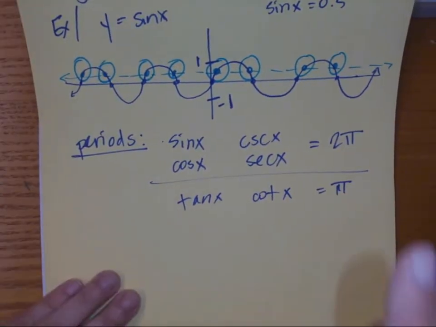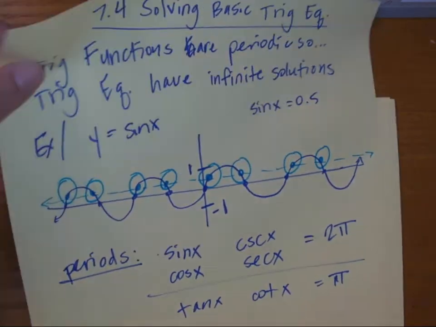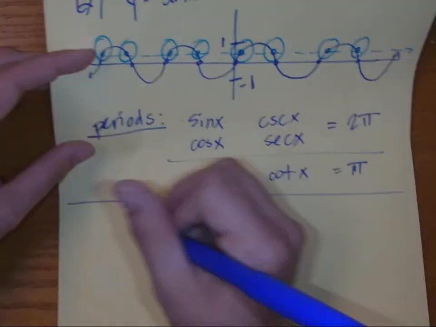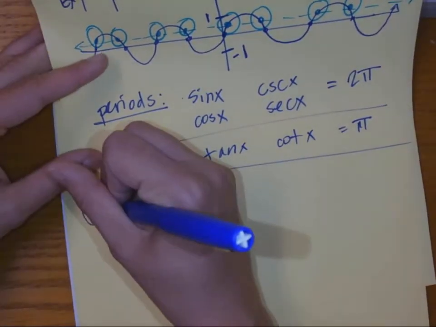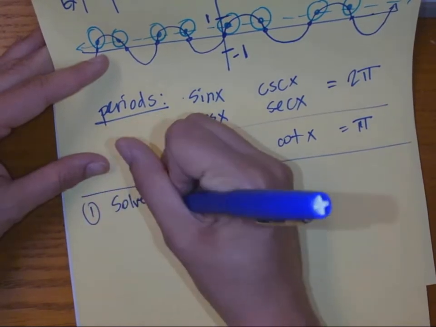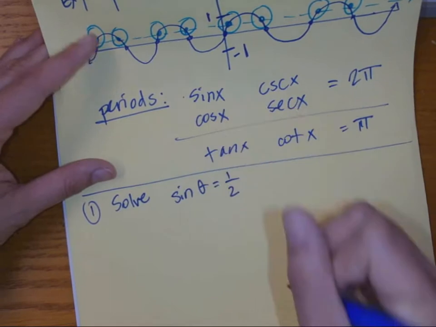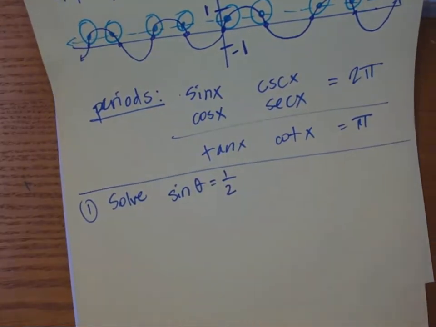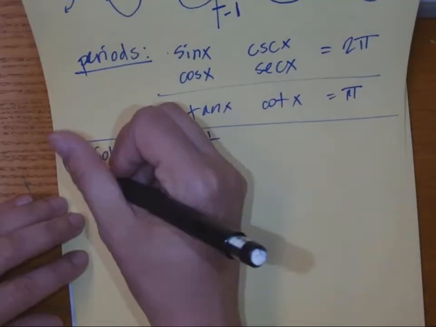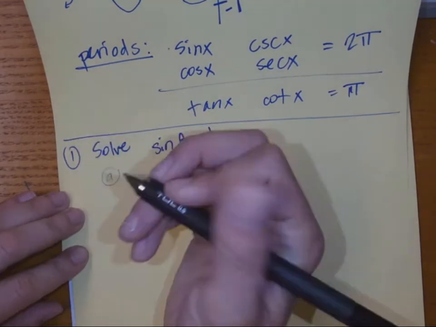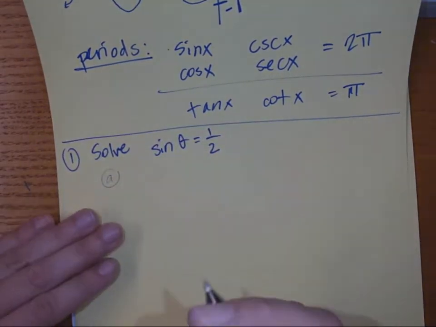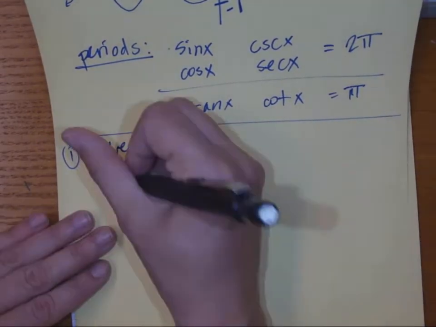Okay, so let's solve this problem that we just did. Our first example, we're going to solve sine of theta equals 1/2. So to solve that problem, the first thing we do, in part A, is we find our solutions for one period.